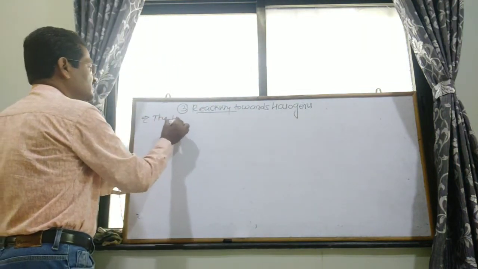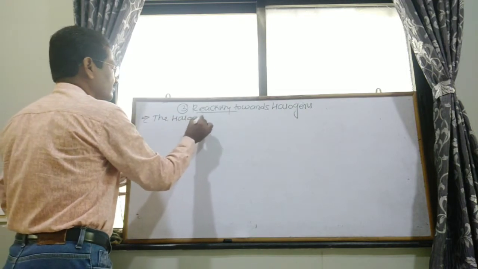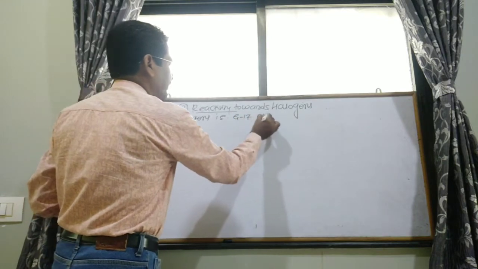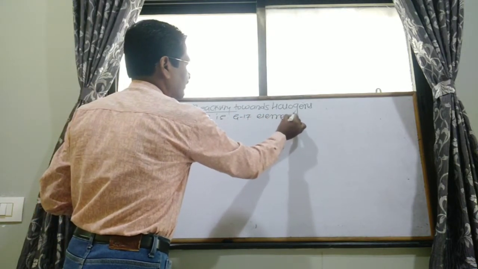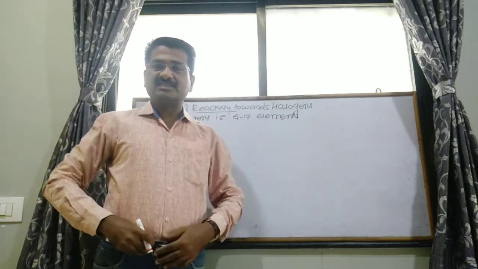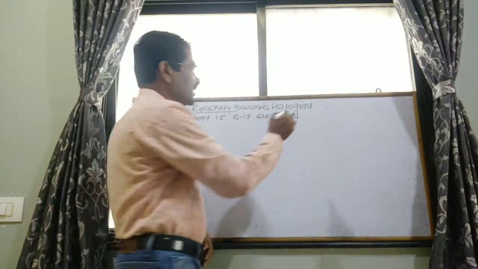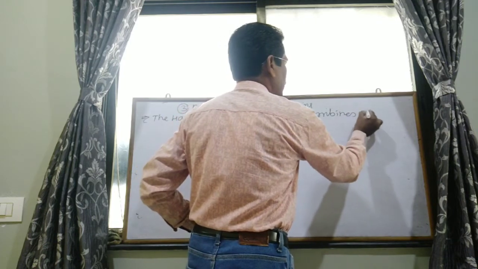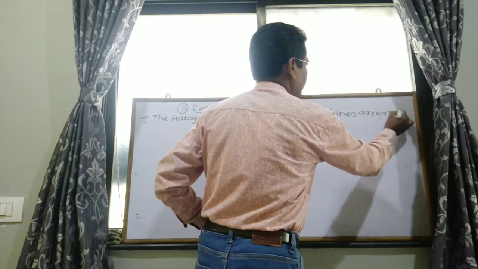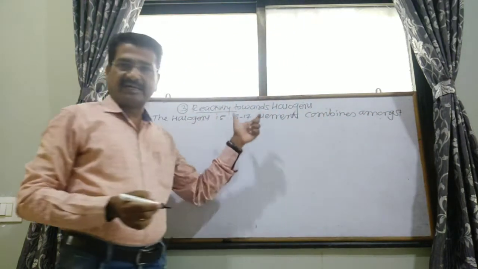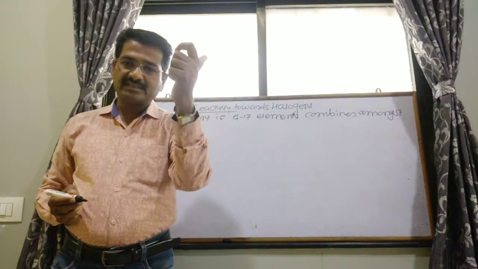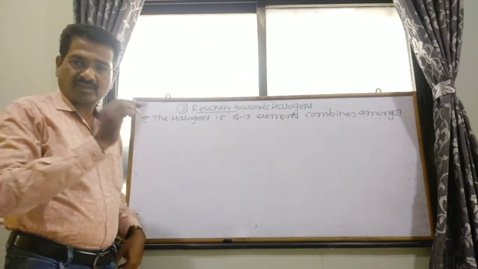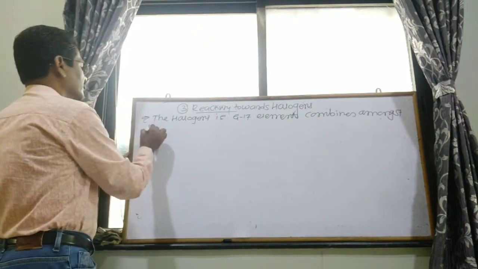The halogens, that is group 17 elements, combine amongst other halogens or themselves.